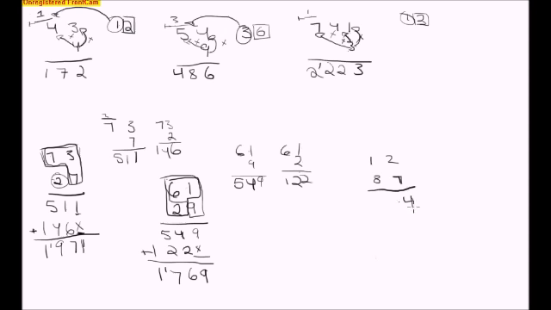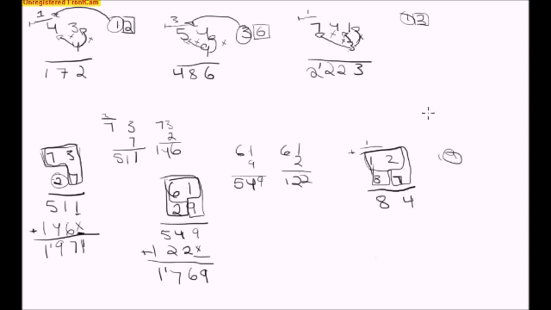So we have the 4 here, and the 1 comes over here. 7 times 1 is 7, plus the 1 is 8. And now let's do this.